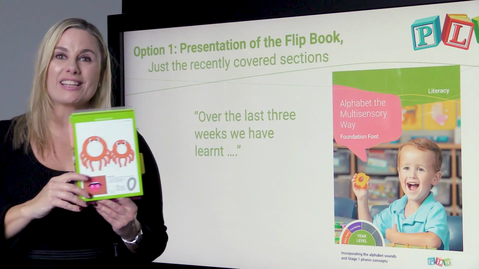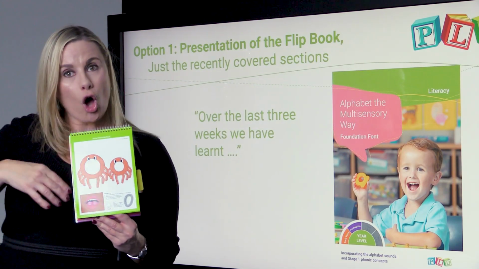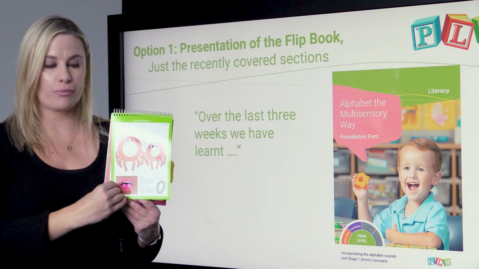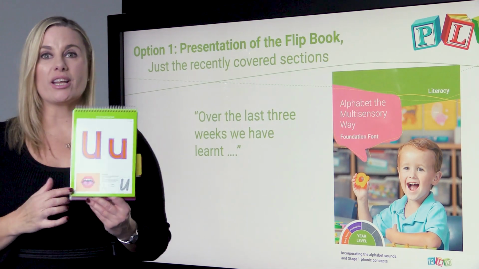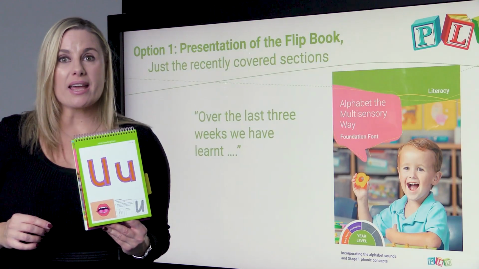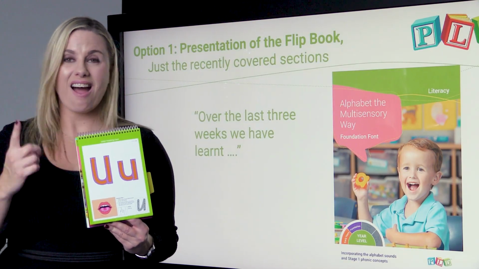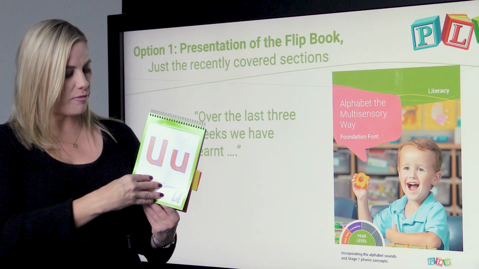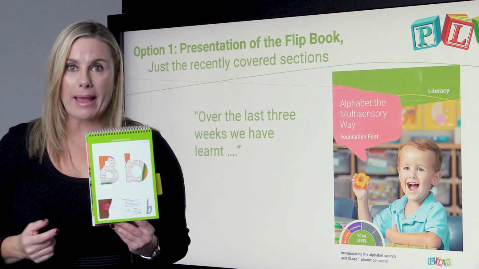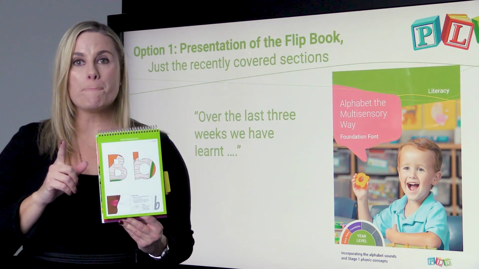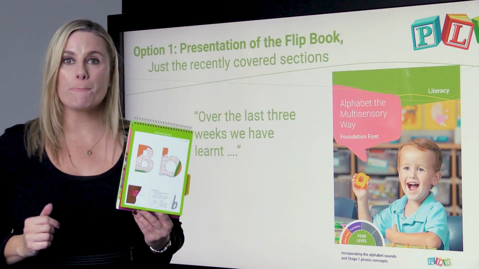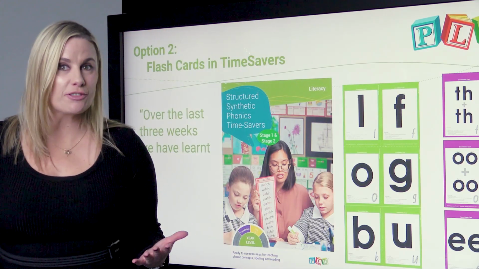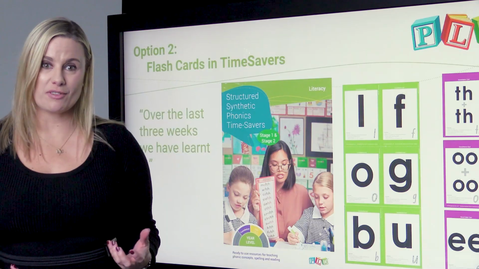We've also been learning that the letter O can make the o sound, as in octopus. We've also been learning the letter U can make the sound u, as in up. And finally, we've been revising the letter B can make the sound b, as in book. Great. Option 2 is to use the really handy flashcards that you can find in your Time Savers books.